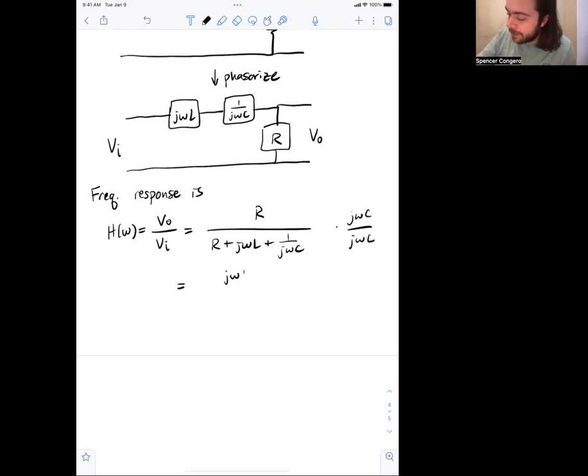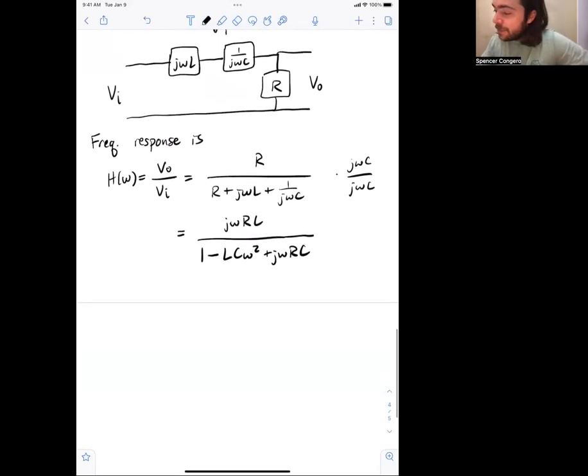I get j omega RC over this times j omega C gives me 1. This times j omega C, what does it give me? Well, I have j times j, that's negative 1, and then I have omega squared times LC, so LC omega squared. And then j omega C times R is j omega RC.